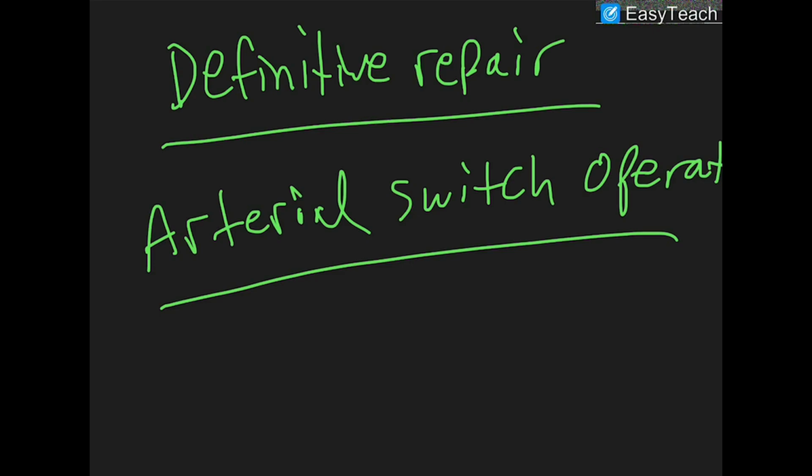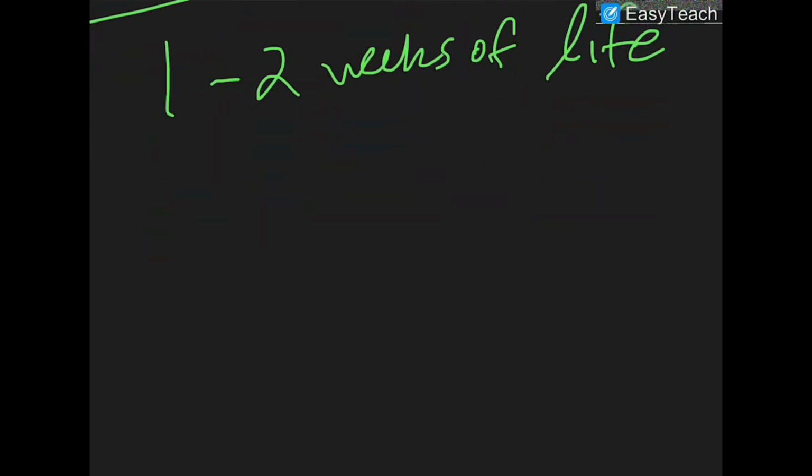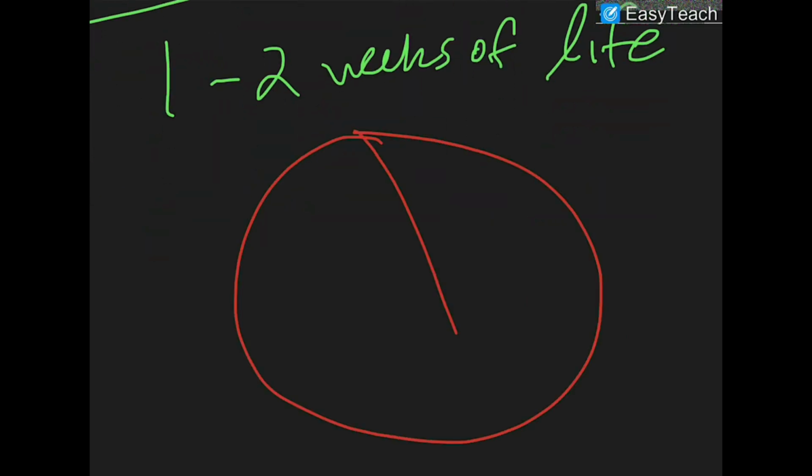Okay. And why did we mention the fact that this arterial switch operation has to be done in the first 1 to 2 weeks of life? Early on, it has to be done early on. And why is that? This is actually pretty cool. Early on, the left ventricle is still conditioned to handle systemic pressures.